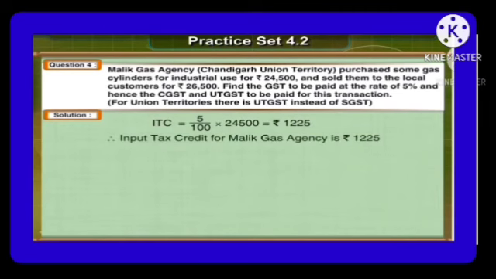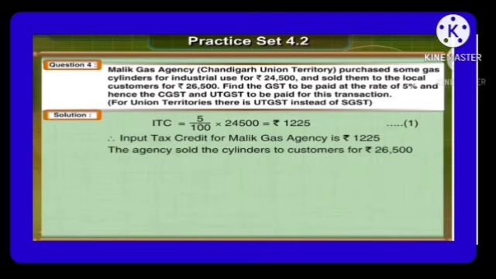Therefore, input tax credit for Malik Gas Agency is rupees 1,225. Students, let us consider this as 1. The agency sold the cylinders to customers for rupees 26,500.